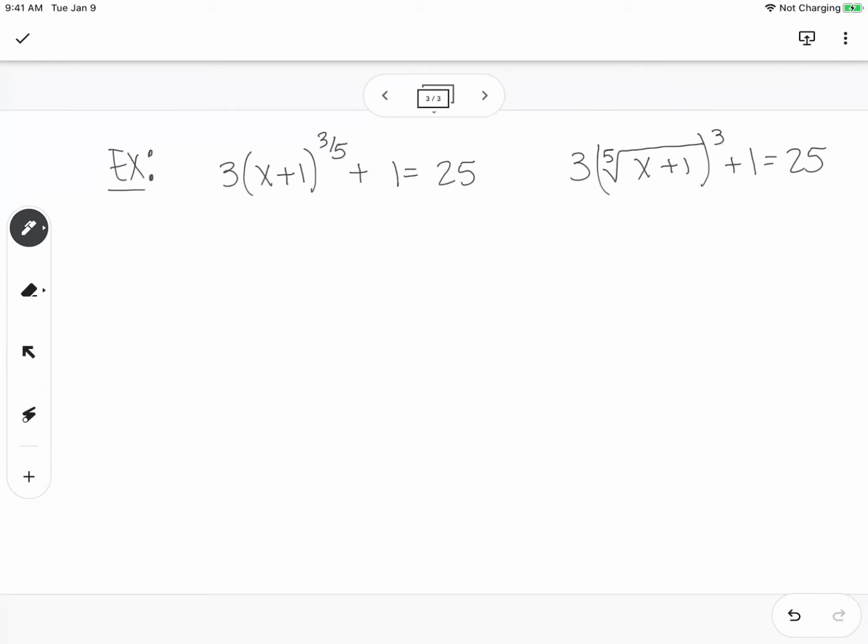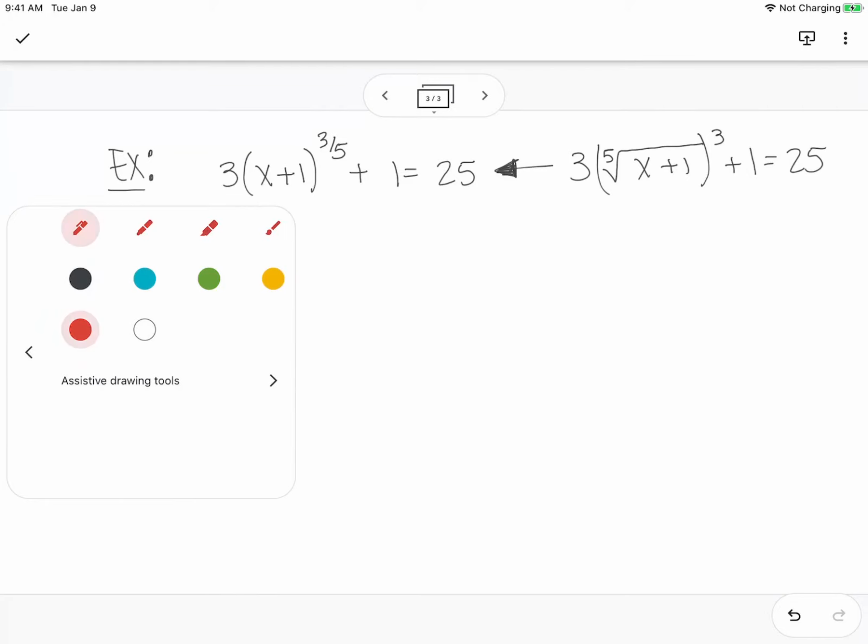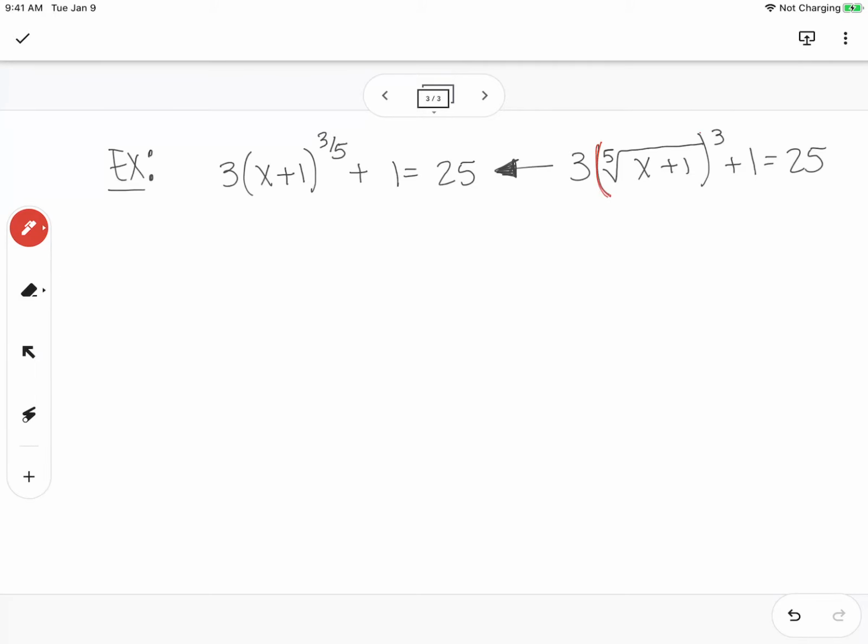If they give it to you as a radical, I would definitely rewrite it as a rational exponent. Anytime you have a radical and it looks really strange, like this one looks really complex. It's not that complex, but it looks very complex. So if you get a problem that looks very complex like this, rewrite it using rational exponents.